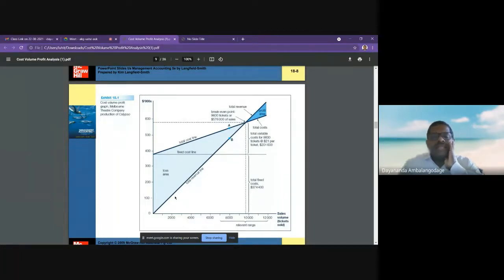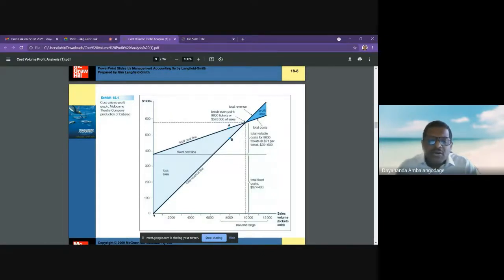The slope is basically this segment divided by this segment. Thereby you will see the slope is always equal to 21 rupees, which is your price. Price multiplied by the number of tickets gives the revenue.